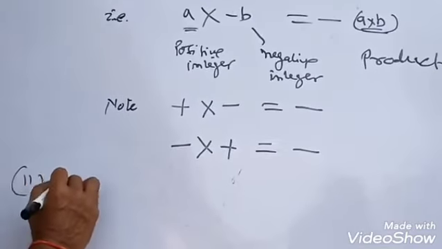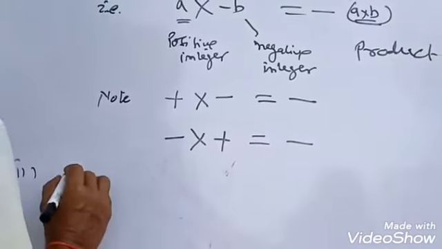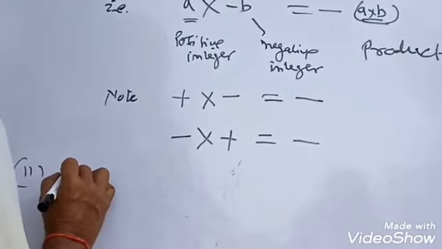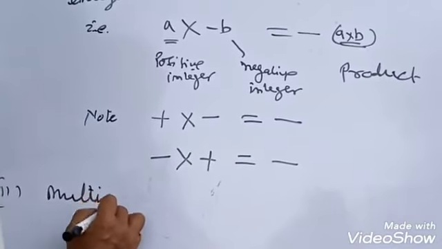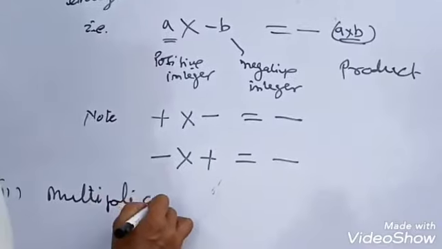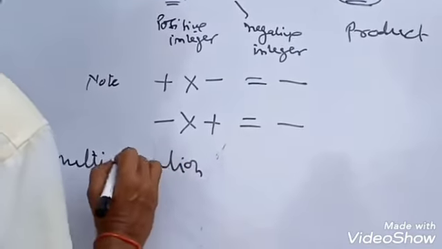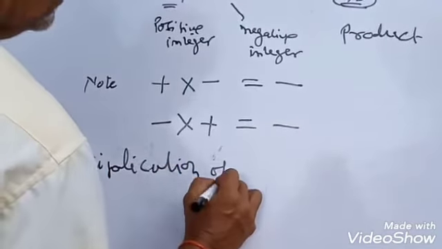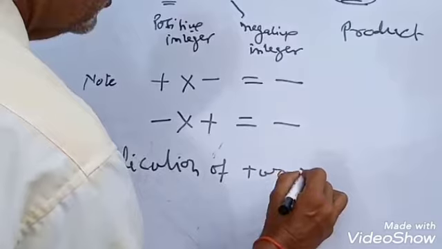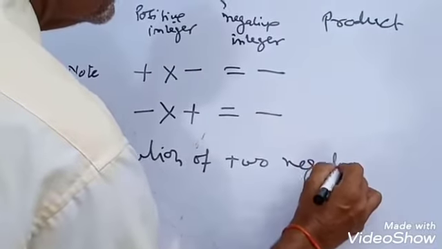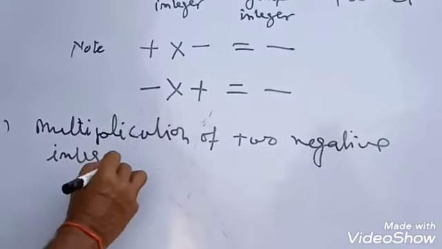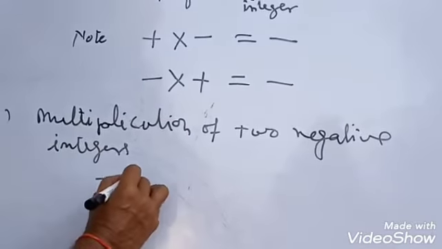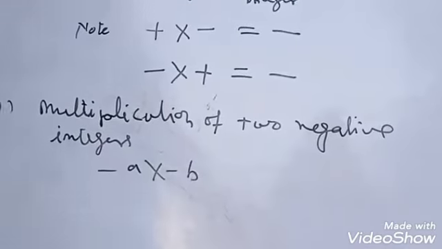Second, multiplication of two negative integers. That is minus a into minus b.